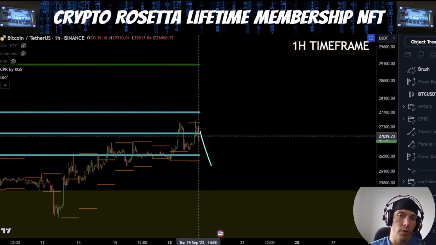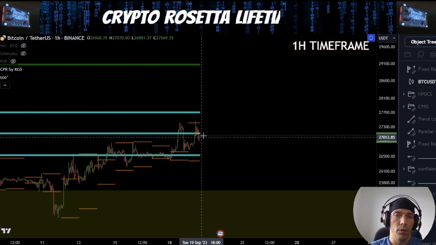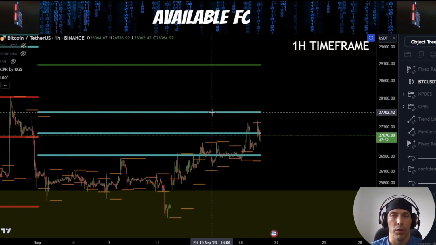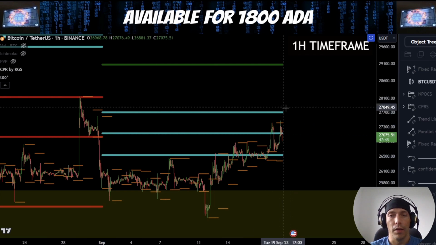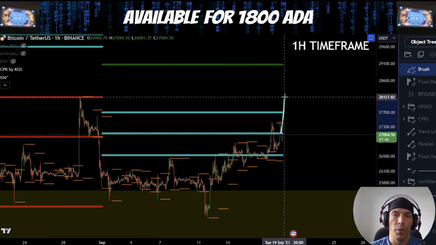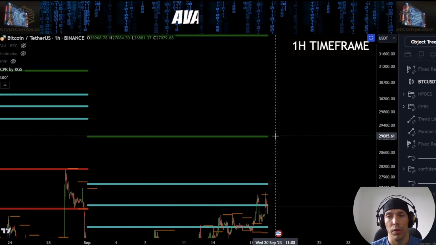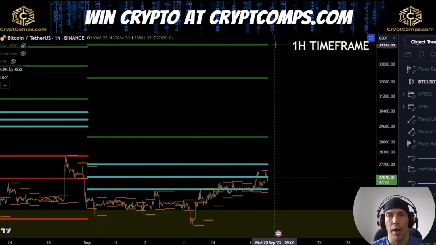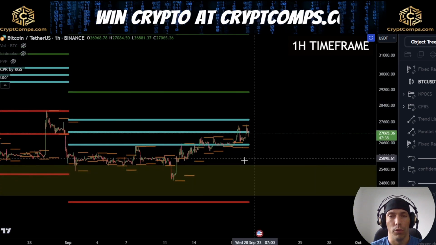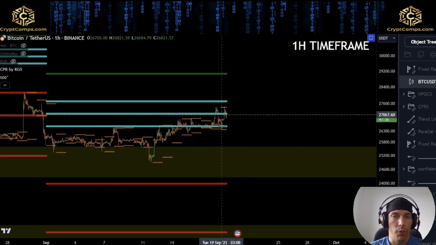If we start to see price looking to reverse here to the upside, going to be watching this 27,702, which would align with coming up and sweeping this high as a potential rejection zone. If we move above that, other targets for this month is this 29,085, 32,203, and this 34,142.